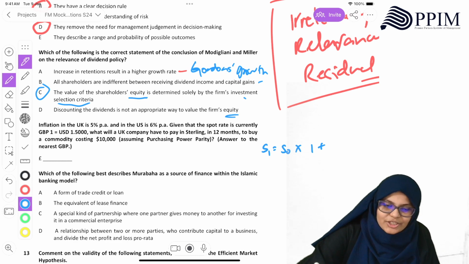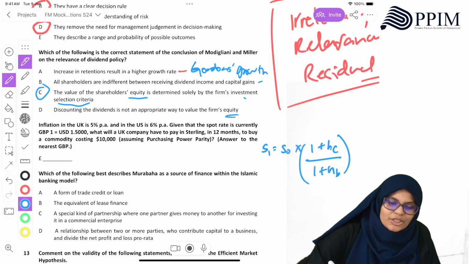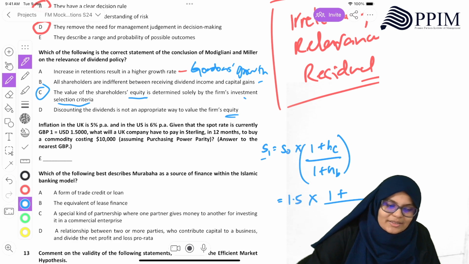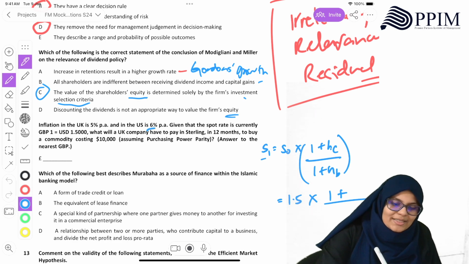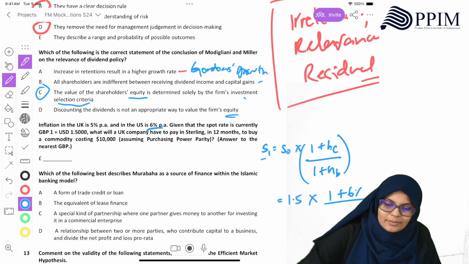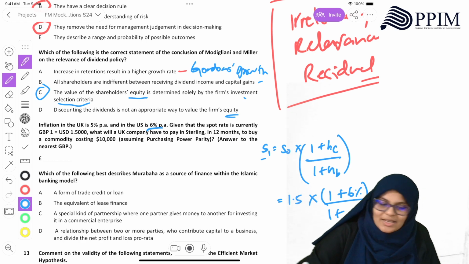They give me inflation. So the future spot rate S1 will equal the current spot rate, which is 1.5, times 1 plus inflation in the counter currency. We are based in the UK, so the counter currency is the US, where inflation was 6%, over 1 plus inflation in the base currency, which is our country.